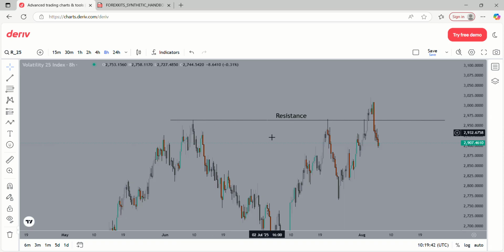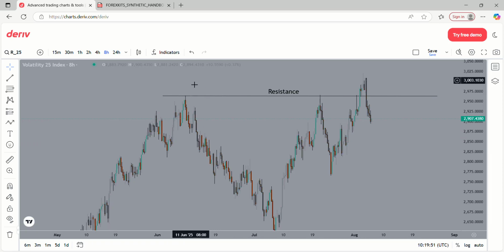And at the second touch, you see when market got to this point, it begins to sell, right? So this is the first touch, it sold, and market retraces back to the same resistance area, and you can see what happened. It sold again, and then we have the third touch.